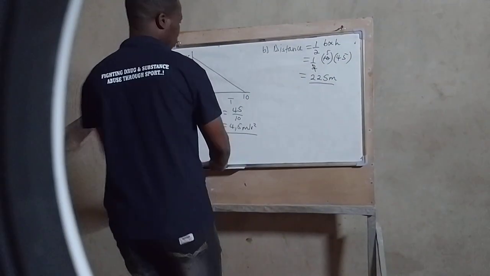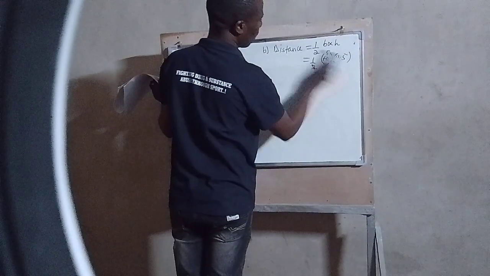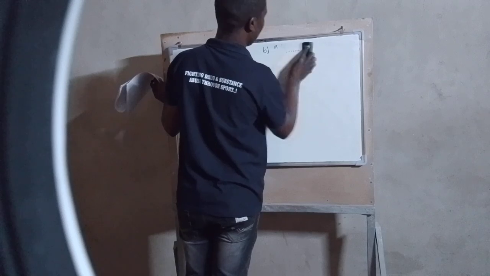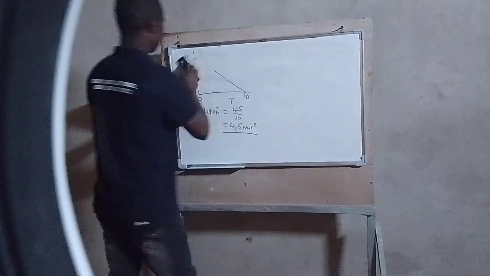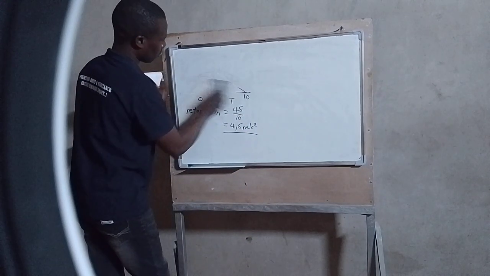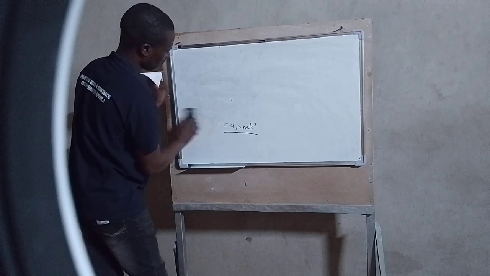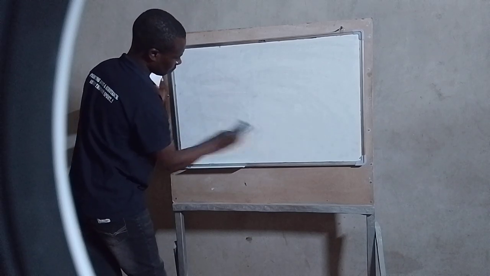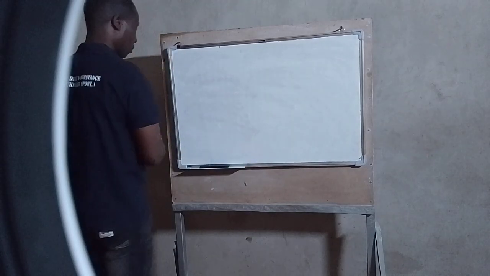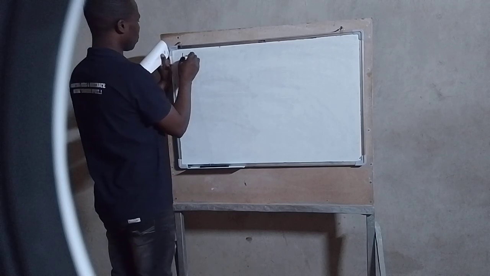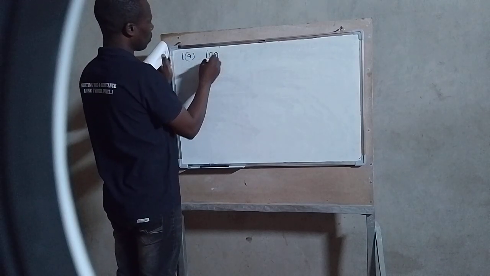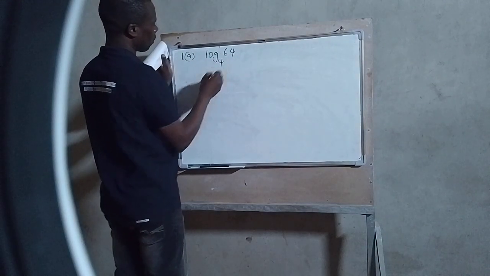It says evaluate log 64 base 4. Log 64 base 4. Right. We want to evaluate this logarithm, log 64 base 4.